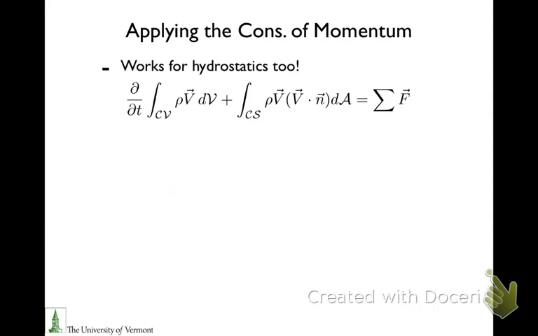Lastly, it works for hydrostatics too, because for hydrostatics, everything that we've said is valid. All you need to do is to get rid of this term, get rid of this term, and solve sum of the forces equals 0. So really, chapter 1 and 2, only chapter 2 matters.